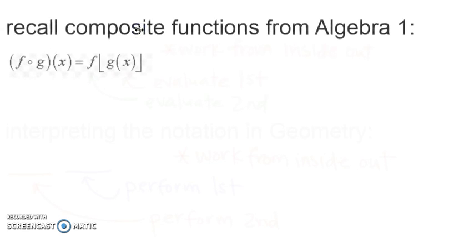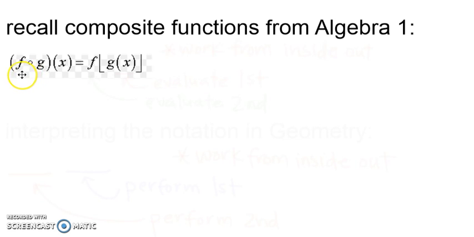Okay, so we're going to recall composite functions from algebra. You may or may not remember this. This little symbol, this circle, is how we would note composite functions in algebra, and we're going to use a similar notation for composite transformations in geometry.